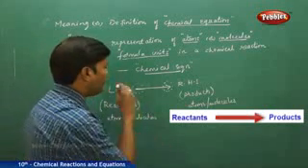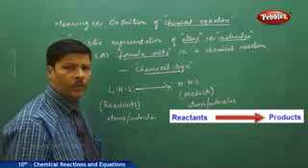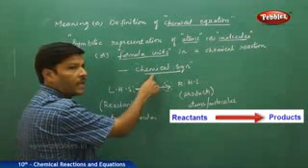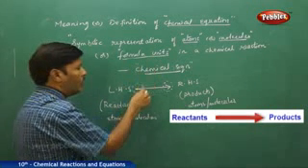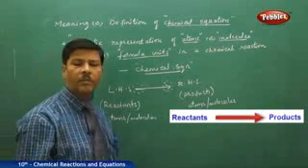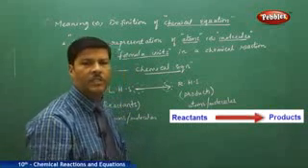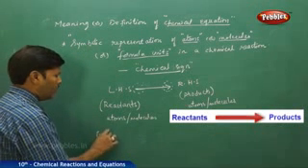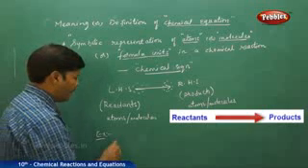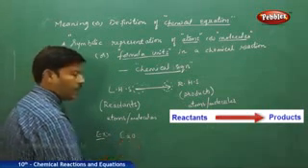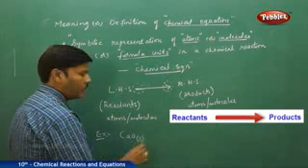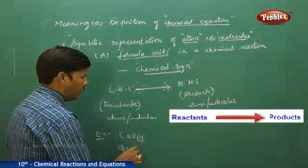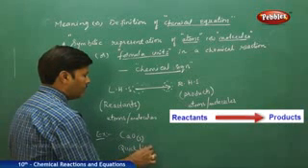So what is the important information you can gather from the chemical equation? A chemical equation can be represented in many ways. Let me give you one simple example. You take calcium oxide, which is a solid, also called quicklime.